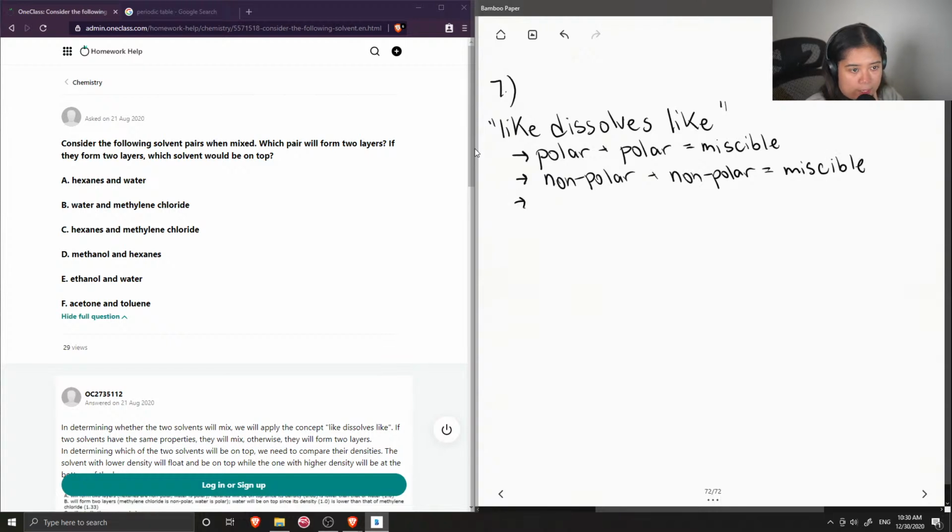But if we had a polar substance mixed with a nonpolar substance, then that means the two are immiscible, and they will form 2 layers.